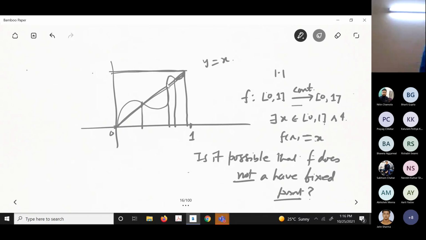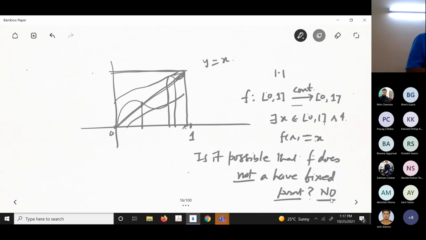If it is above this line, now see, even if I start this, I won't be able to cover 1, because the moment I cover 1, I am getting f(1) equal to 1. On the other hand, if I go below, I won't be able to cover 0. So, to think about it, it must have a fixed point.